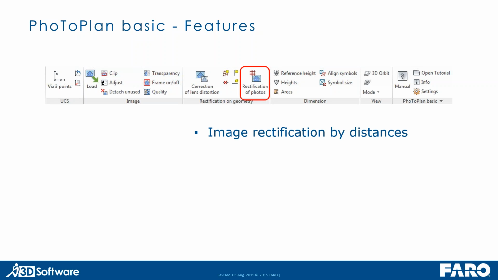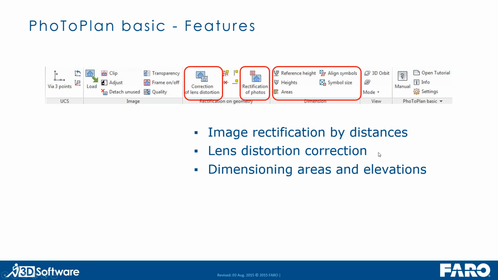PhotoPlan Basic gives you the opportunity to rectify images by distances, and in addition you can apply lens distortion correction. You need this in order to rectify those images correctly, and you also get tools for dimensioning areas and elevations inside the rectified image.